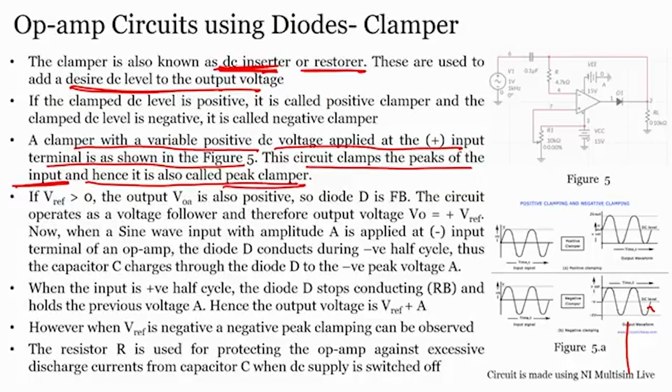If V reference is greater than 0, the output VOA across the terminal is positive.